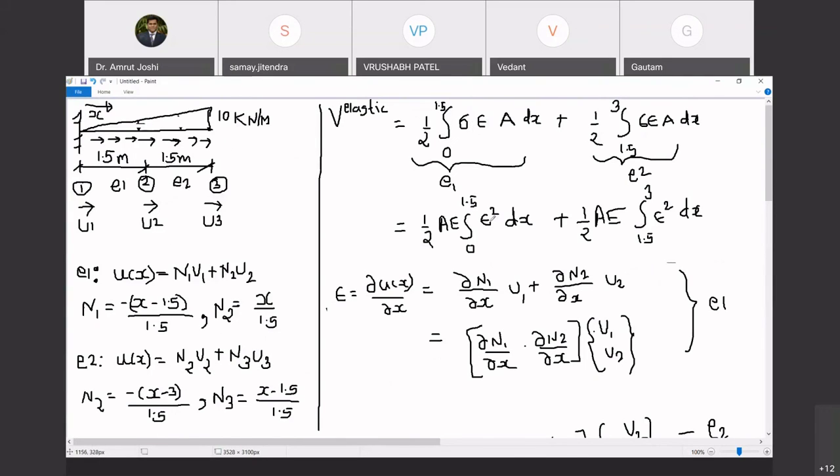So can I write epsilon squared as epsilon into epsilon? Yes. But how do I write it here? Just have a look: integration 0 to 1.5, half AE is sitting outside.